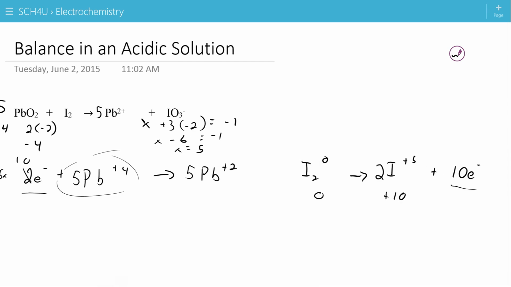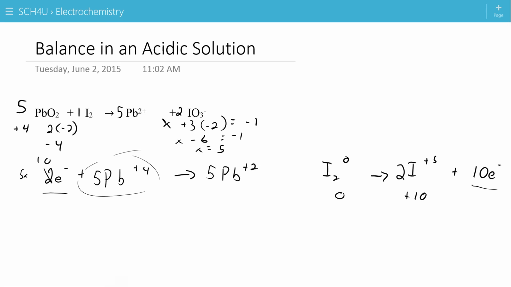And this I is this I right here, and it has nothing on it, so I'm going to put a 1 just to show that I've considered that species. And this I +5 is right here, and it has a 2, as is shown in this half reaction. So there we go, that's our equation, and that's it balanced for electron transfer.